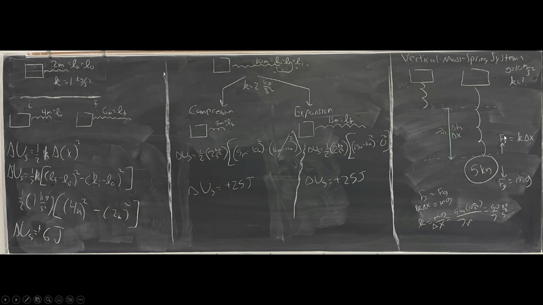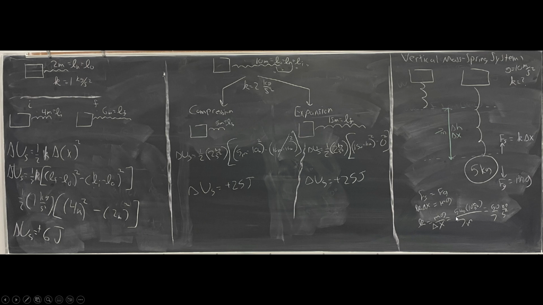Because we just want the magnitudes of these two, we're going to say that F_s, the spring force, equals the spring constant times our change in displacement, k delta x. And here we have our force of gravity. That equals mass times acceleration of gravity, or mg. Now, setting those two equal to each other and solving for k, we'll get k equals mg over delta x.